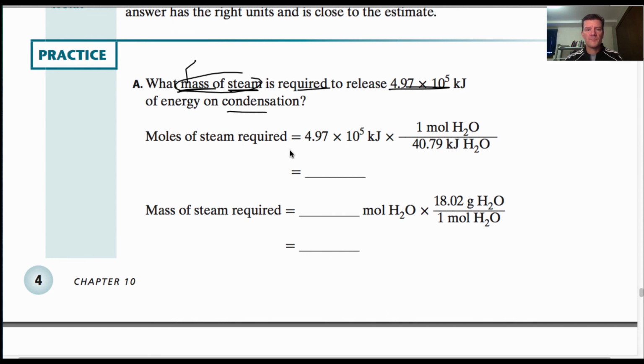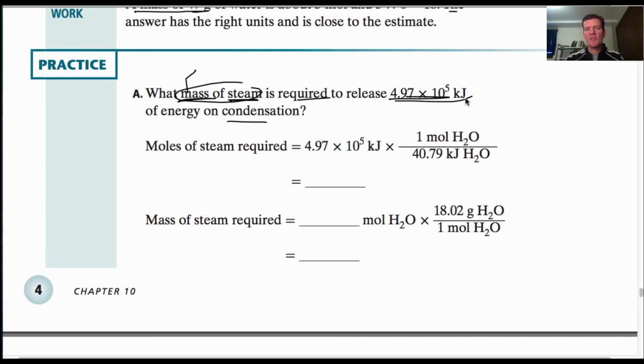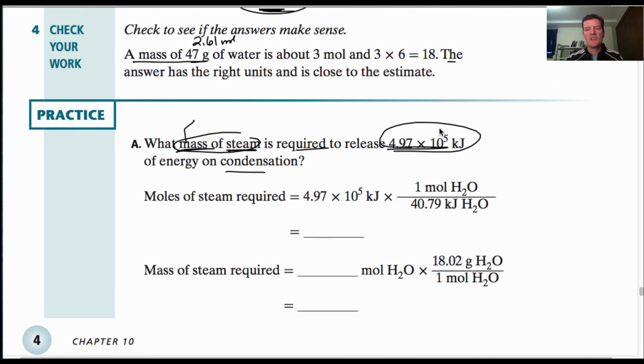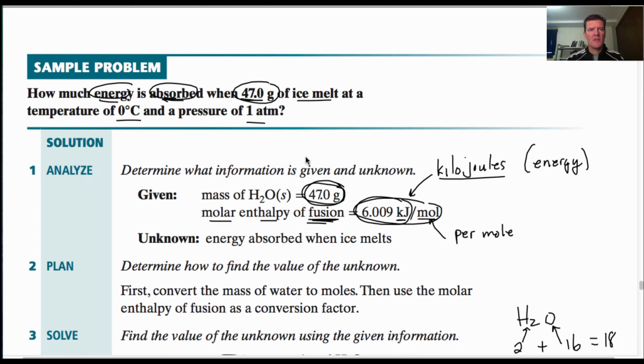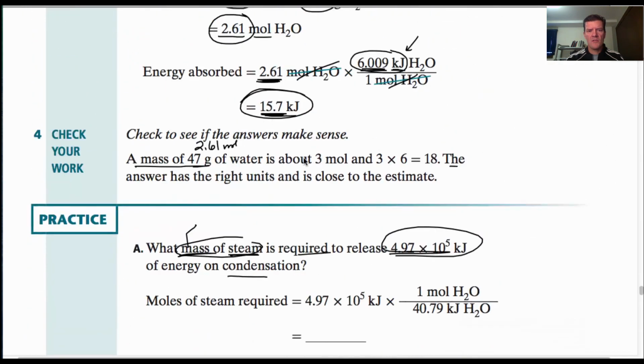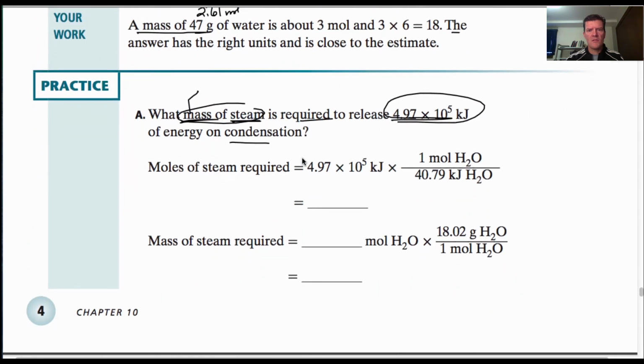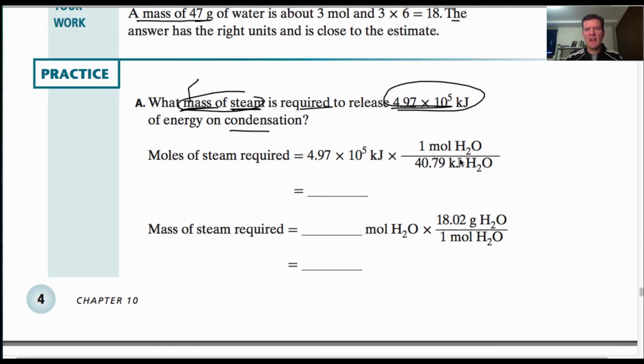Okay, so what you're going to do this time is start with energy, and you're going to use, well, they don't mention it here, but they would have to give you this. This would be given to you. This is the enthalpy of vaporization for water.